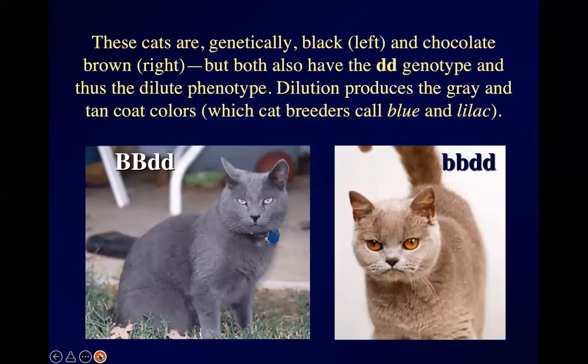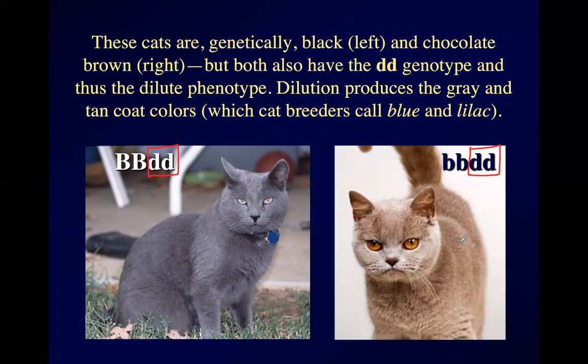So on the left, you've got a black cat. On the right, you've got a chocolate brown cat, a medium brown cat, but both of them also have the homozygous recessive genotype, two copies of the allele for dilute color, and that takes their base coat and lightens it several notches, producing a gray coat color and a tan coat color, which cat breeders for some reason call blue and lilac.